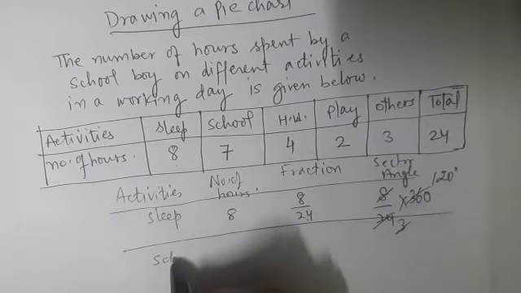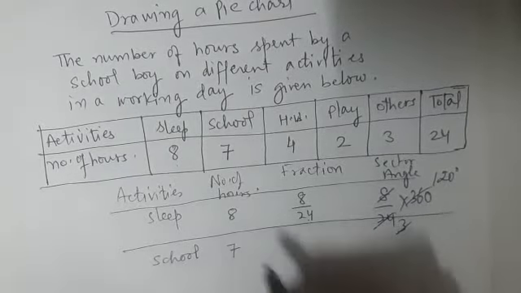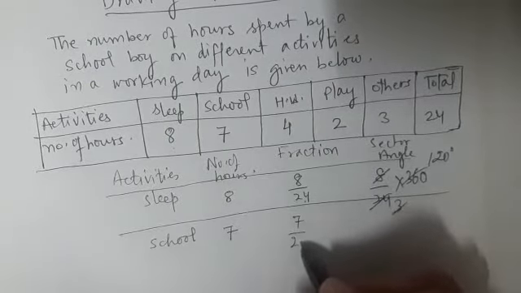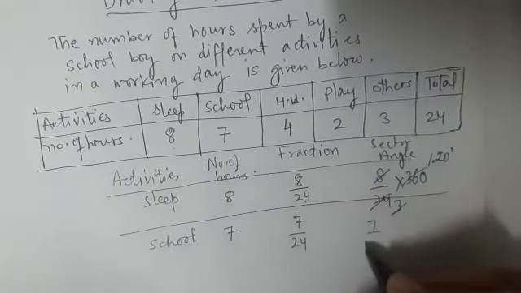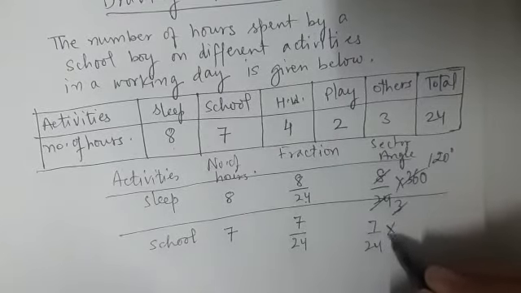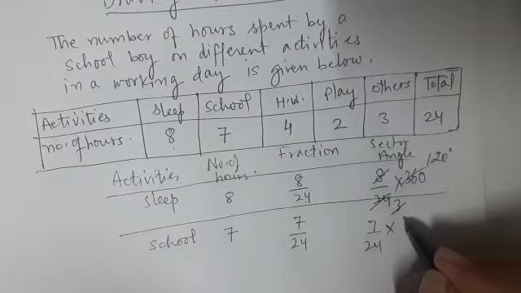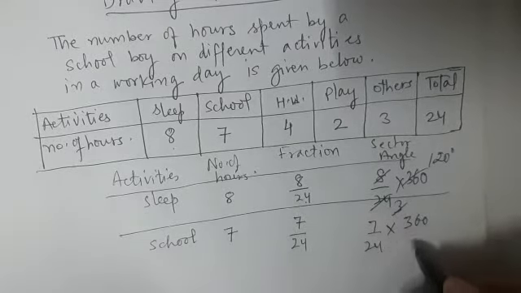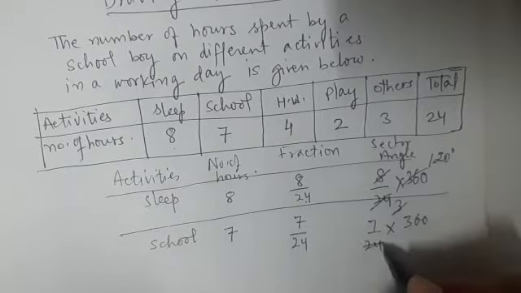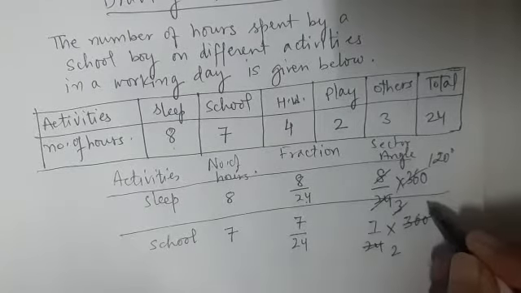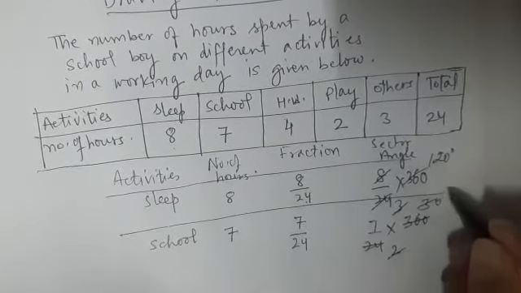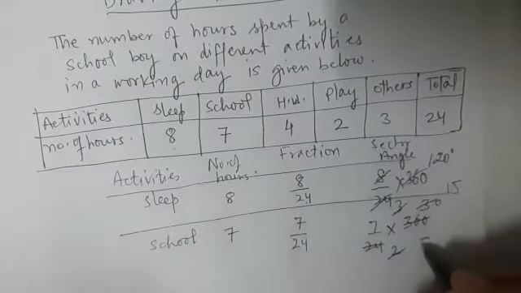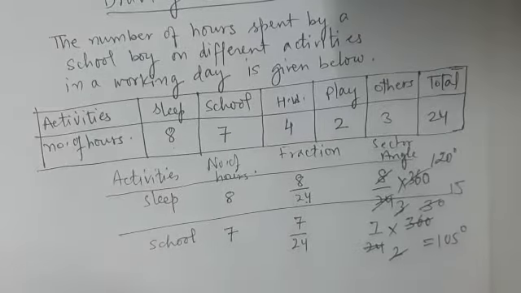Now the second activity is school. Number of hours spent is 7. So what is the fraction? Fraction will be 7 by 24 and the sector angle will be 7 by 24 into 360 degrees. So we can cancel this, and that comes out to be 105 degrees, right?